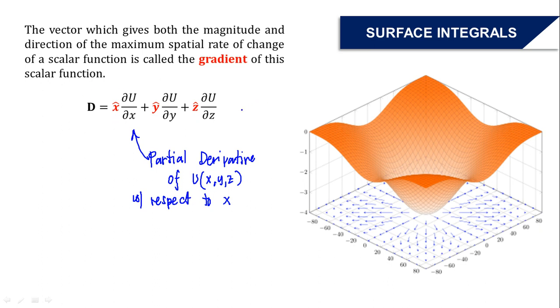We have a scalar function represented by u. We take its partial derivative with respect to x, which will be our scalar component. Then the same for y, then for z. So what is important in getting the gradient is the scalar function, and of course the differentiation formulas from differential calculus. So it is important that we know those. Okay?